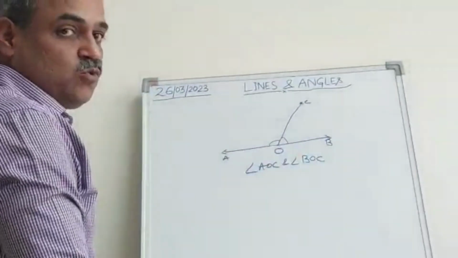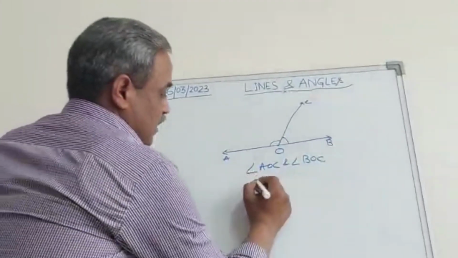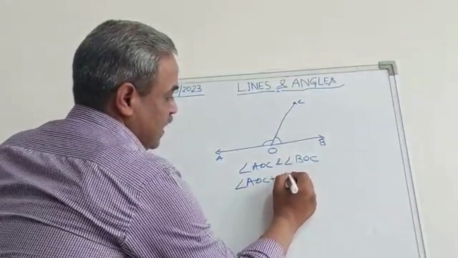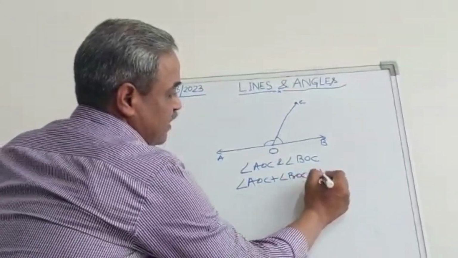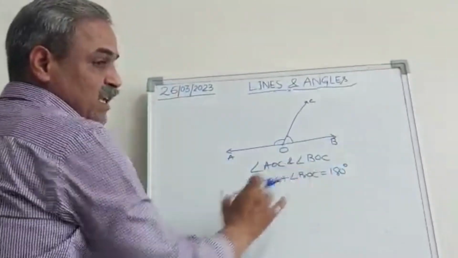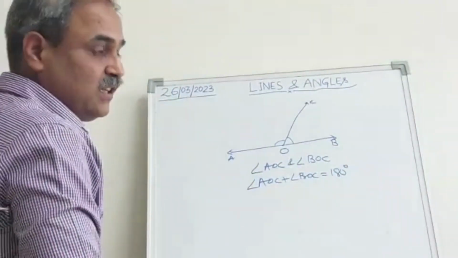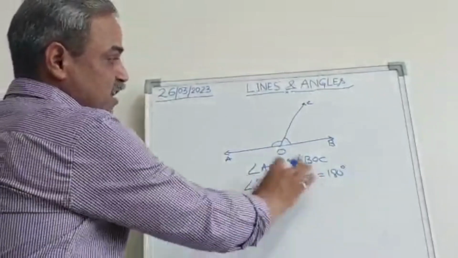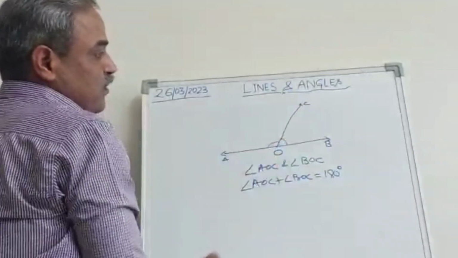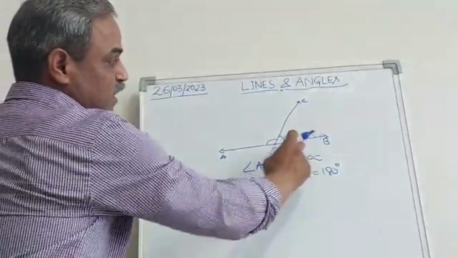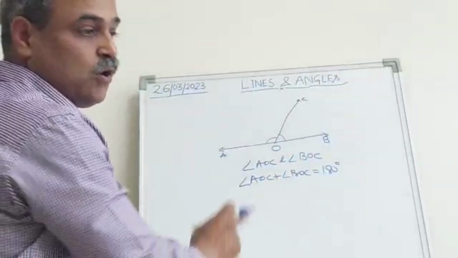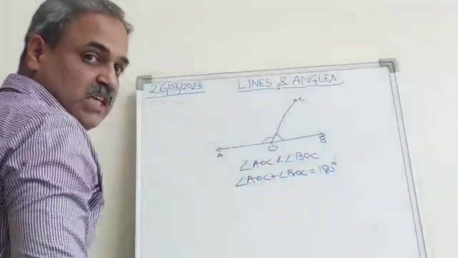The sum of angle AOC plus angle BOC is 180 degrees, and these two angles are supplementary to each other, therefore they are known as supplementary angles. Therefore angle AOC is a supplementary angle of angle BOC and angle BOC is a supplementary angle of angle AOC.